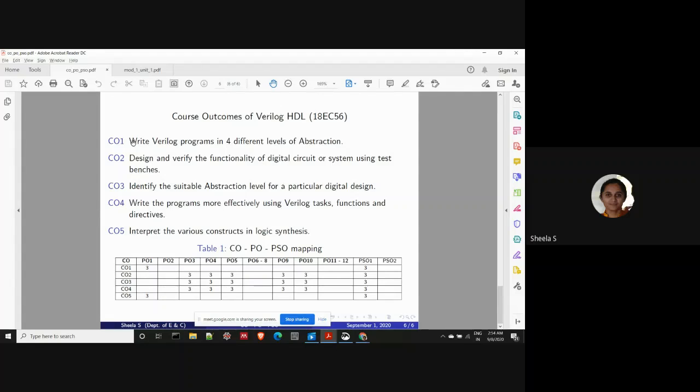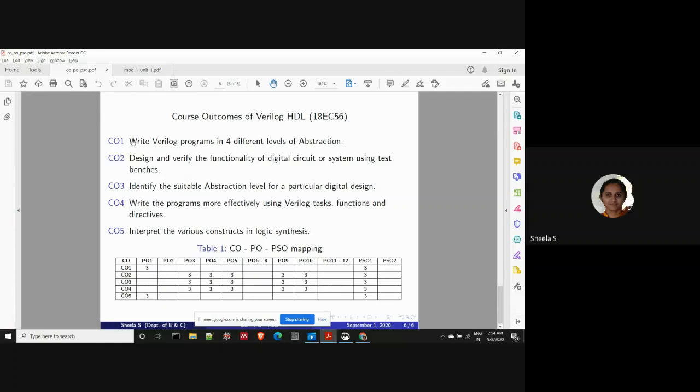And the second CO is design and verify the functionality. If you are able to design, it means you might have understood the problem. If you know the problem, then only you will think of the solution. If you think of the solution, you will try to design the circuit.